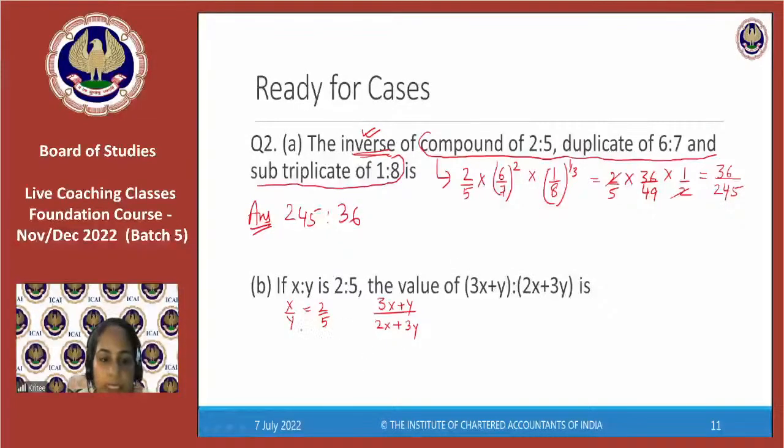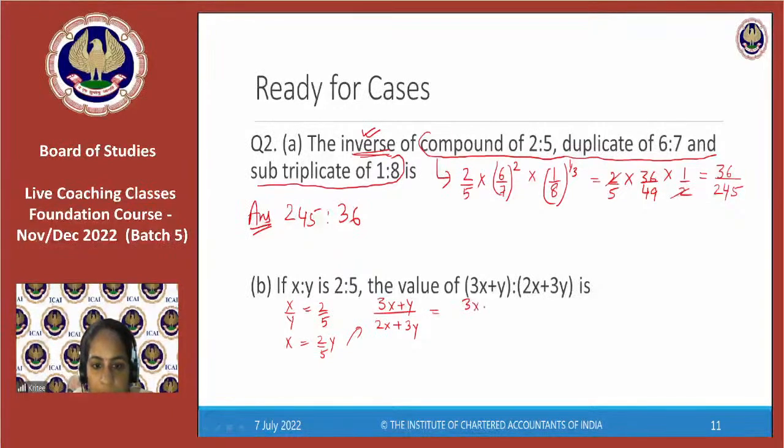One way of doing this is you find the values. As in you say x is equal to 2 by 5 times y and then substitute it. Personally I will not prefer this solution, because then y has to be carried forward every time. So what I do is I just simplify it a bit.